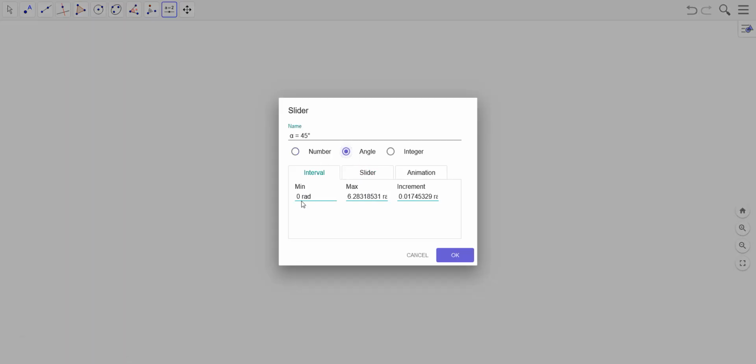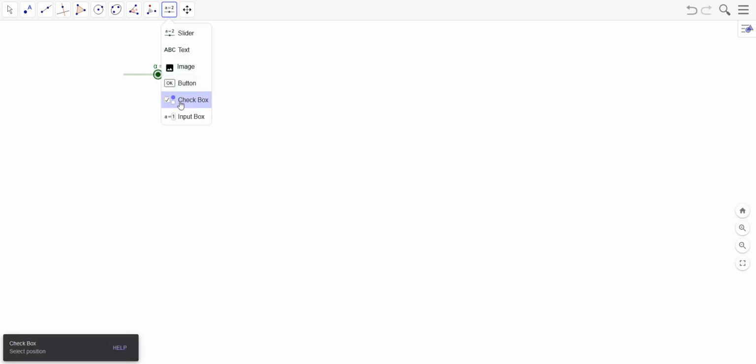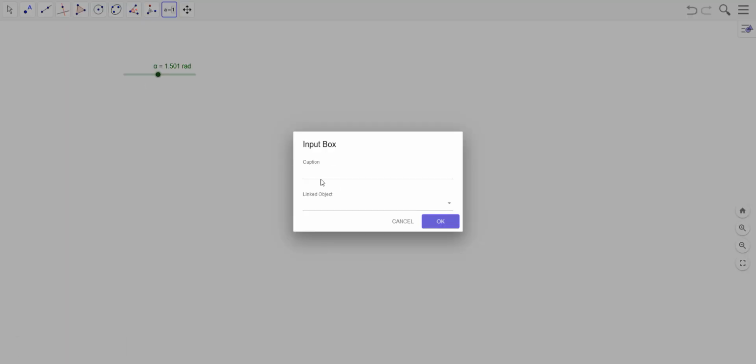Another thing that we can do is an angle by a slider. So we make a slider, make an angle slider. This goes from 0 to 2 pi. I could just go from 0 to pi. I can just type pi radians, and that's fine. Okay, so this should go from 0 to pi, approximately pi there. I always like to do this with an input box as well.